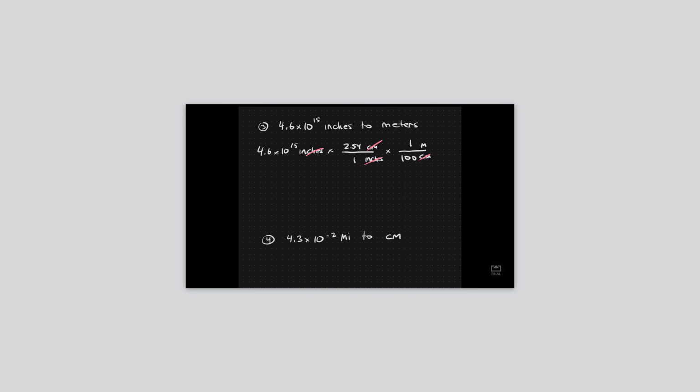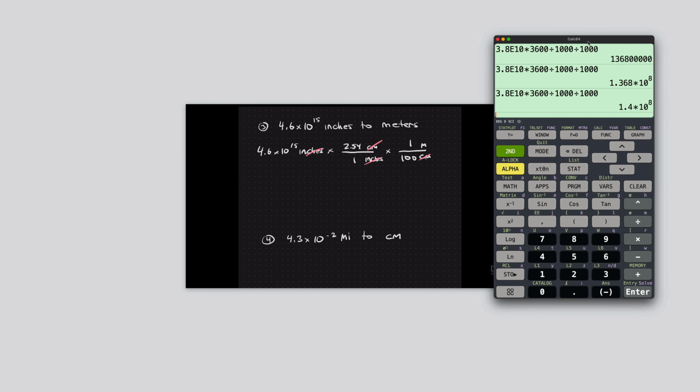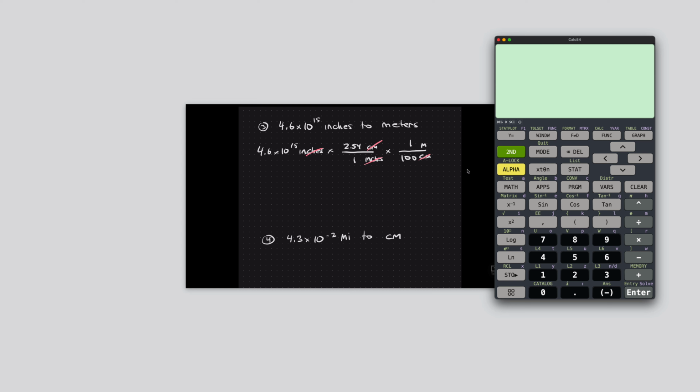So I'm just going to bring this up for you here. We'll punch in exactly what we see there, which is 4.6 second function EE, and it's to a 15, and I'm going to multiply that by 2.54, and I'm going to divide that by 100.